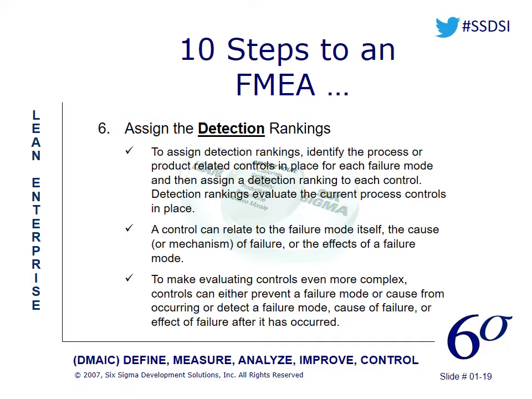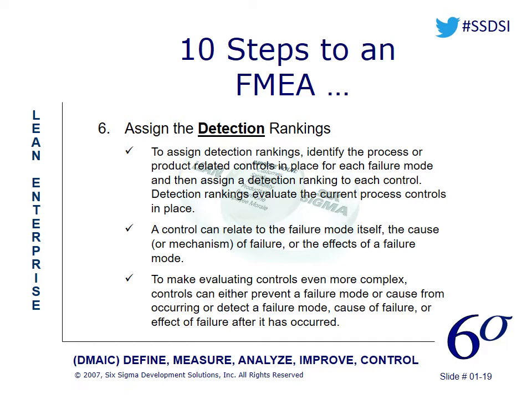So to assign this ranking, really you have to identify the process or product related controls in place for each failure mode. So this really goes back to the current controls we have in place. Those current controls could be SOPs, standard operating procedures. We have work instructions. We have mistake proofing devices put in place.